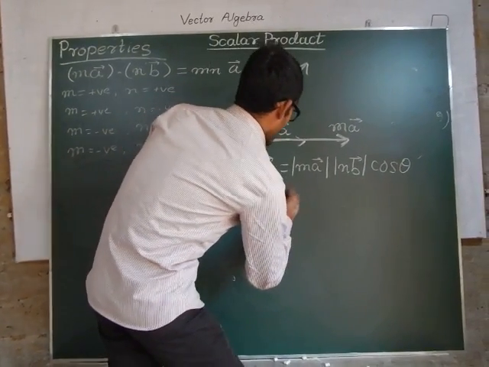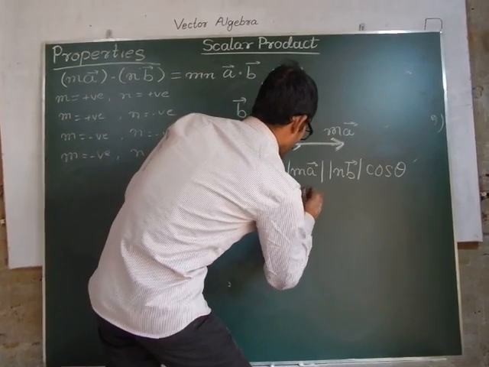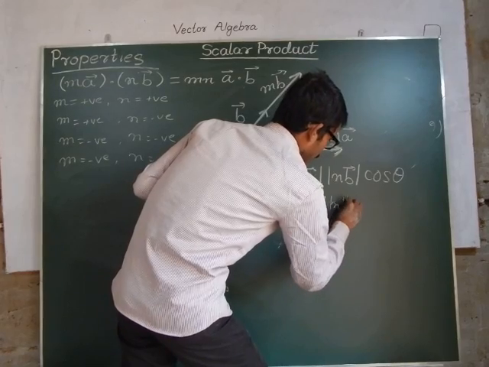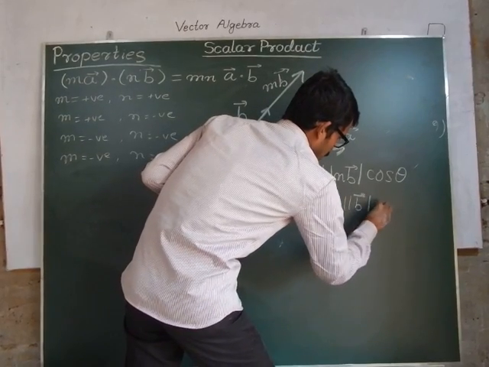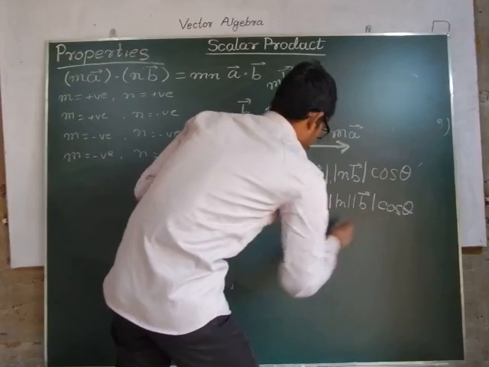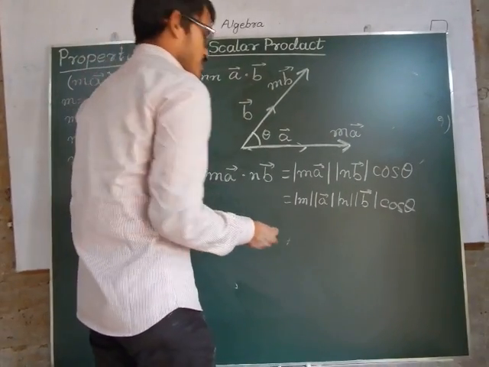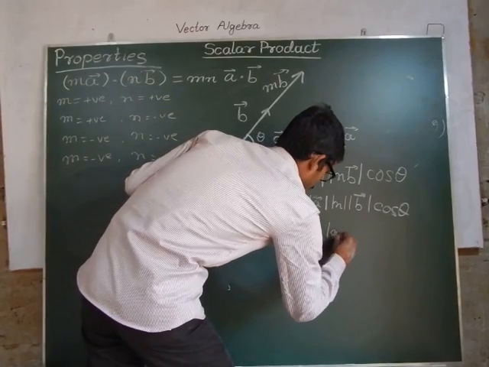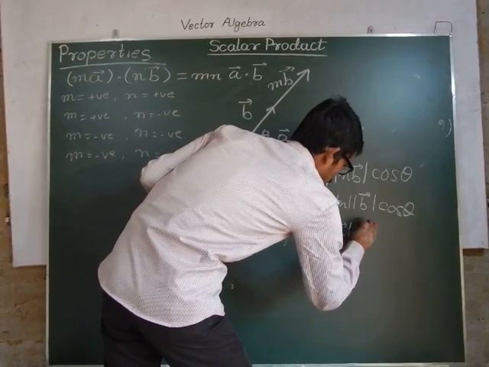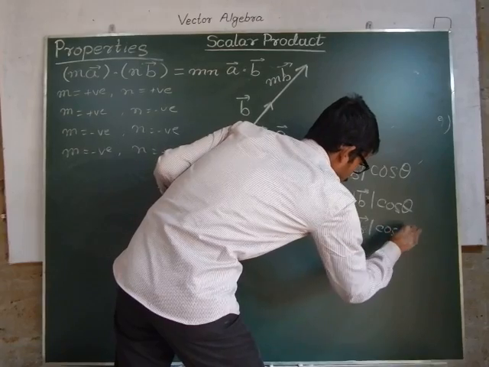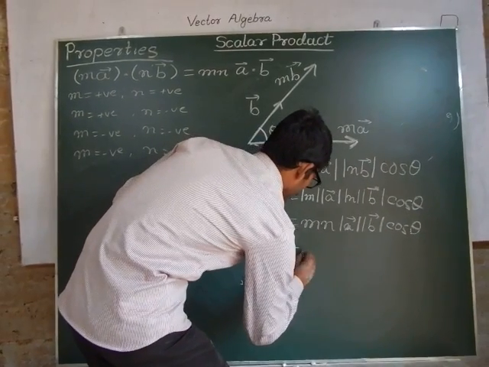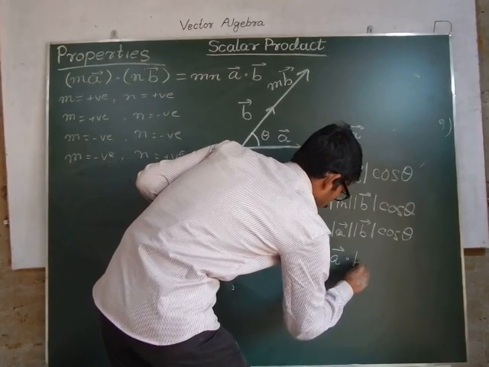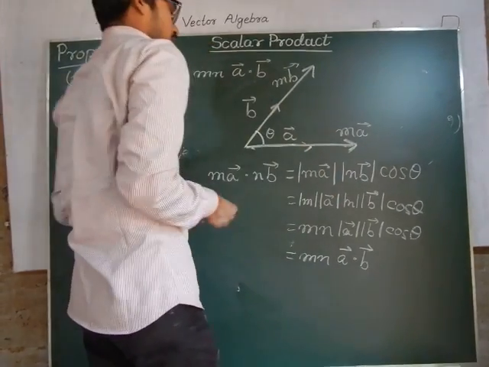Magnitude of ma we can write as magnitude of m into magnitude of A, and magnitude of nb as magnitude of n, magnitude of B, into cos theta. M and n both are positive, hence their magnitudes are also m and n, times magnitude of A multiplied by magnitude of B into cos theta. Means mn A dot B.